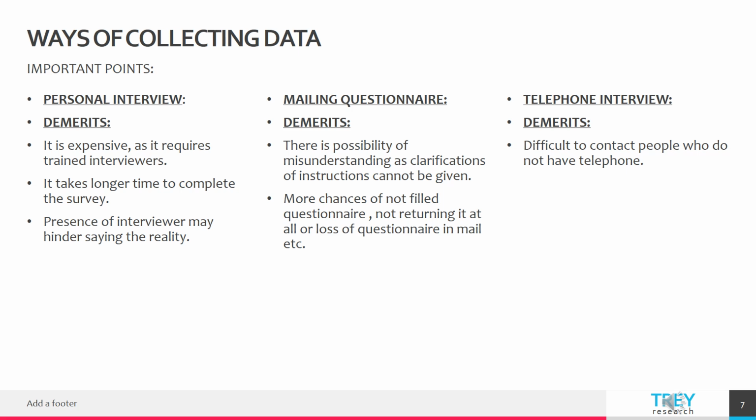And also, the interviewer should be a skilled person, he should be able to take the interview in the proper way. So you will obviously hire a person who will charge some fees. It takes longer time to complete the survey. So sometimes personal interview takes longer time. Presence of interviewer may hinder saying the reality, which I told you, that when an interviewer is standing in front of you, maybe you hide the reality or you get influenced by the interviewer.